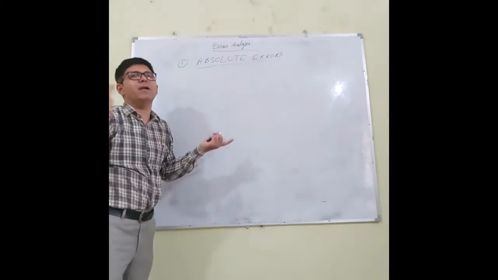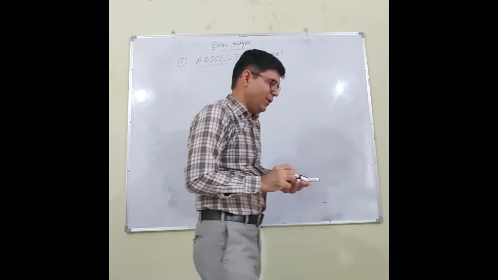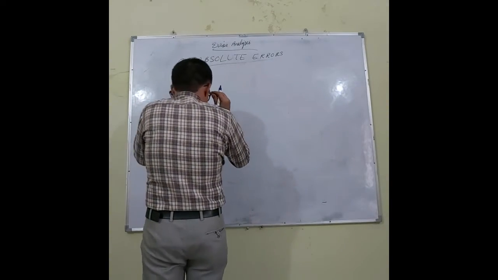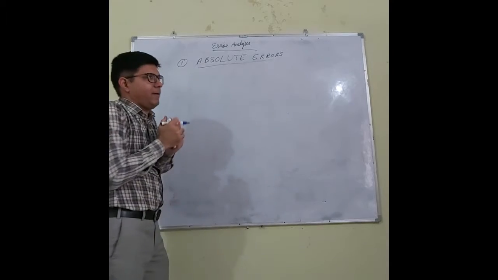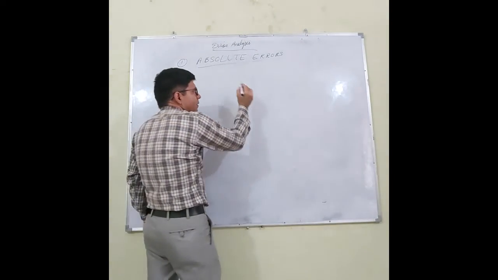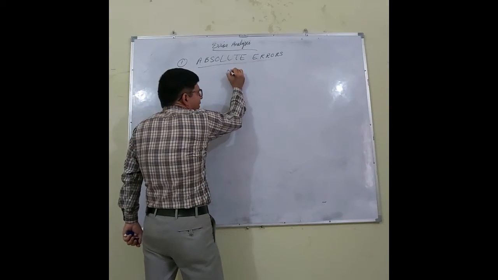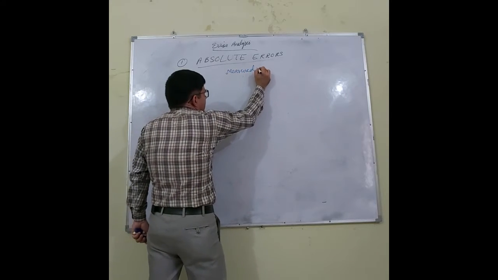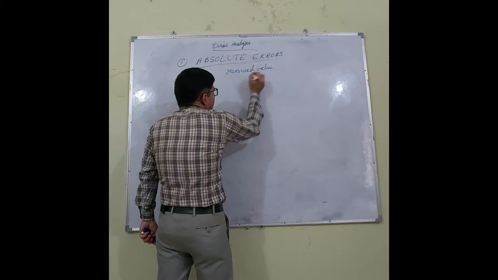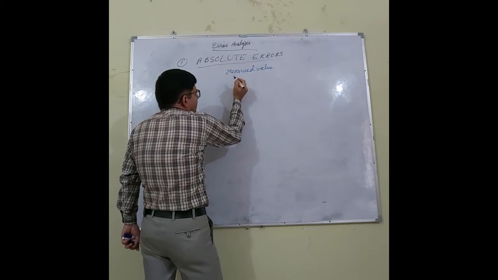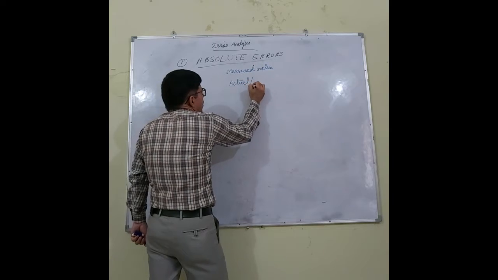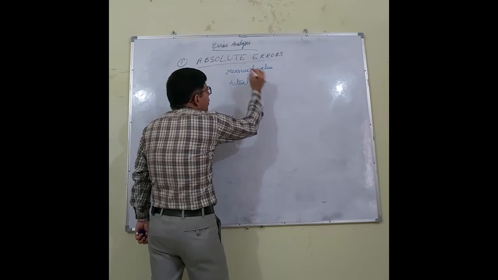Before explaining the term absolute errors, let me explain two simple, important terms. One is the measured value and another one is the actual or true value.